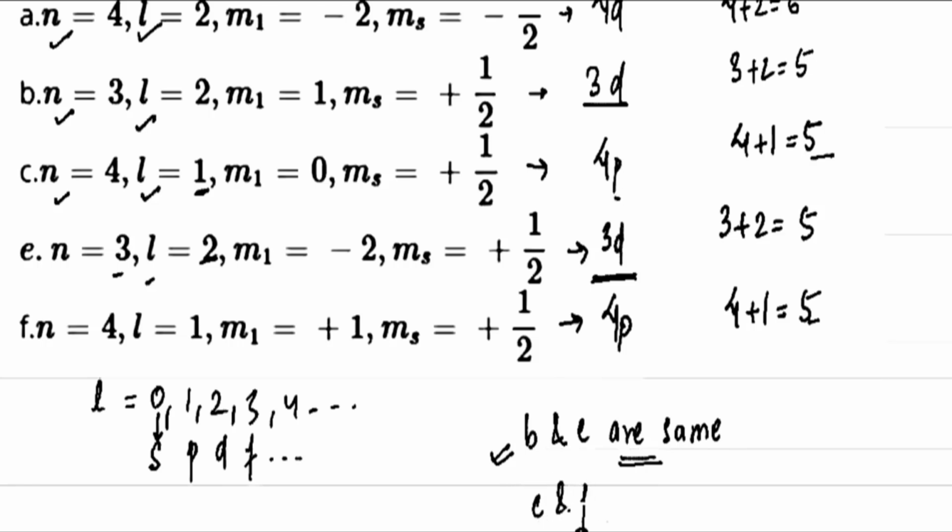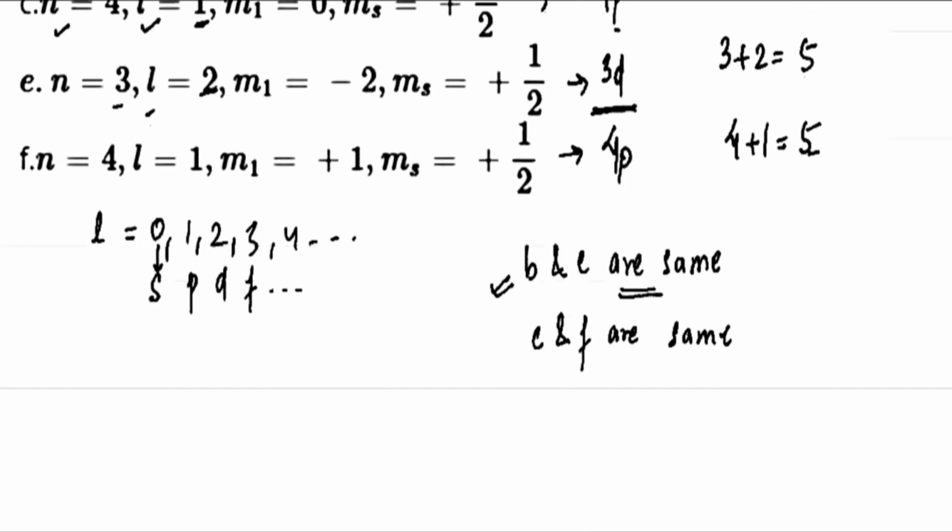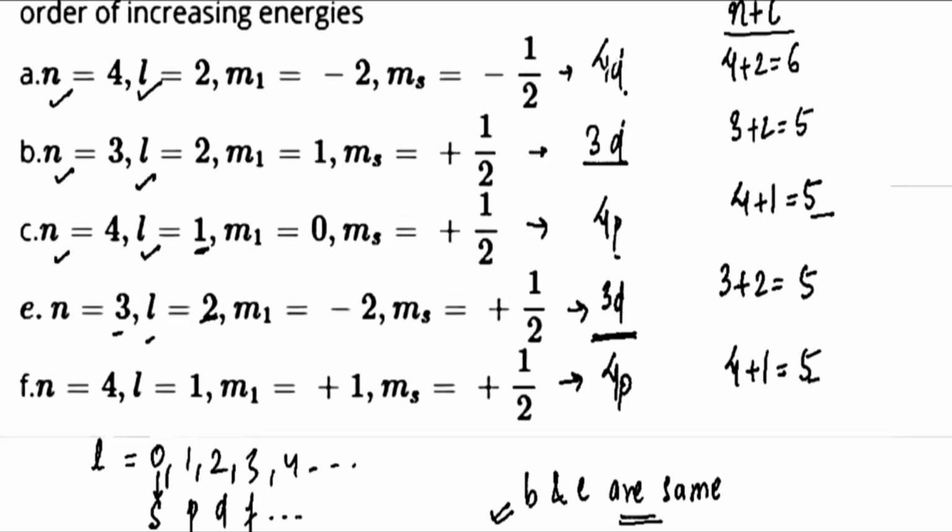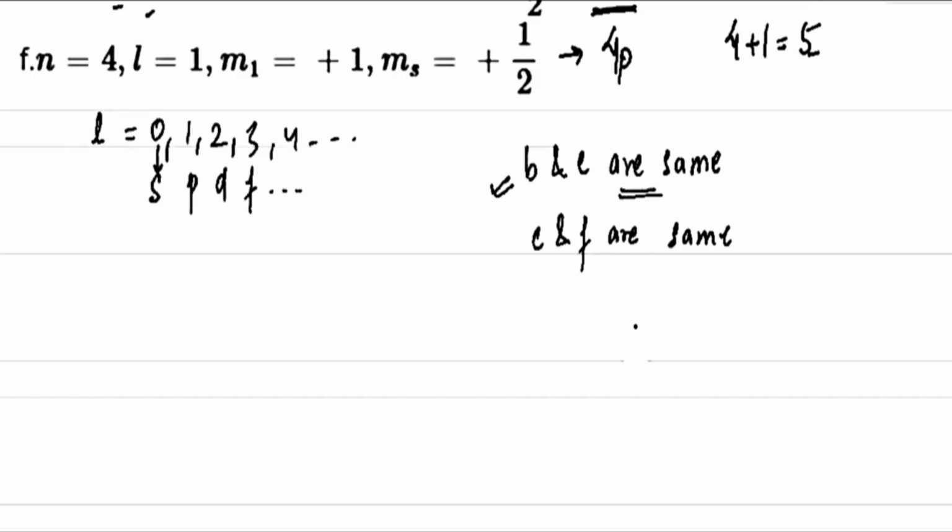So C and F are at the same energy levels, right? Now the next thing to see is the 4d electron, which has the highest energy level, because its n plus l value is the highest in this case. So A is the highest.